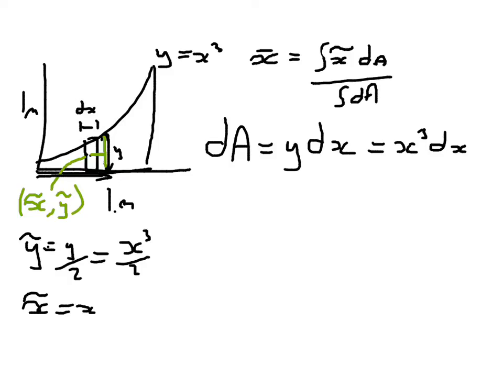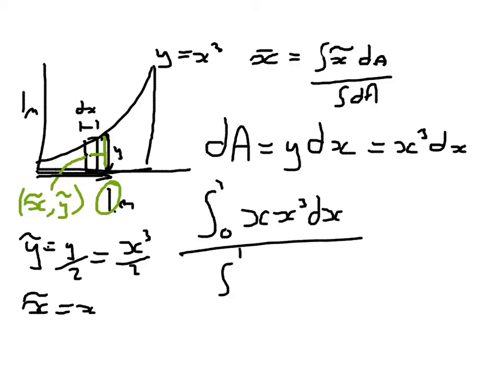First of all, for the x bar position, so we've said x bar is the integral of x tilde dA over the integral of dA. So the integral between 1 and 0, because this is 1 metre, we're moving our strip 1 metre in distance, and we're going to do the integral of x tilde, which is x, dA, which is x cubed dx, over the integral between 1 and 0 of dA, which is x cubed dx.